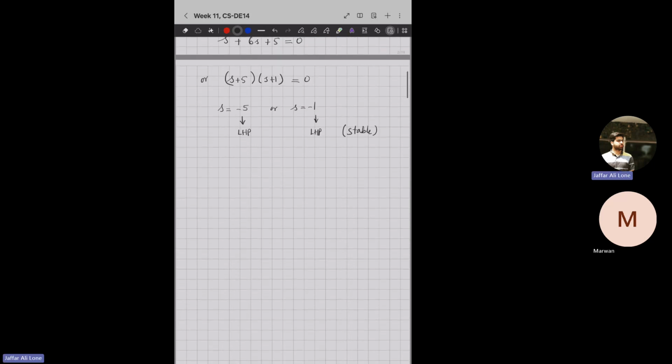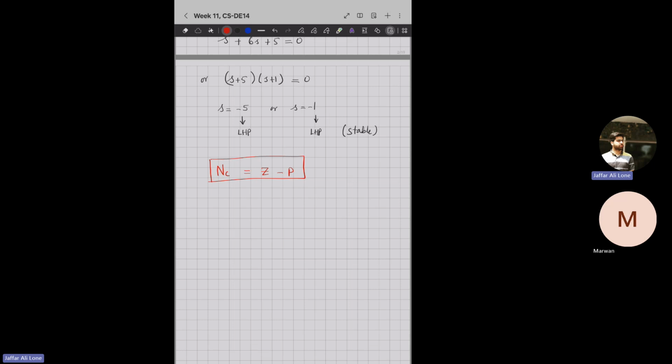How do we determine stability? One formula is there: NC is equal to Z minus P. Whenever you have to find whether your system is stable or not from the Nyquist plot, just remember this formula, that is NC is equal to Z minus P, right?